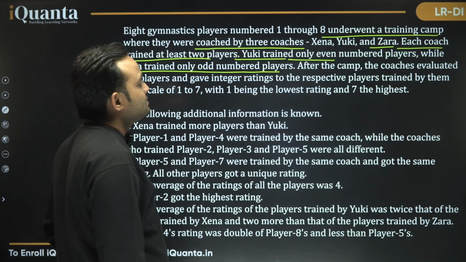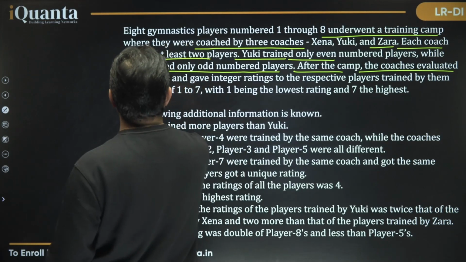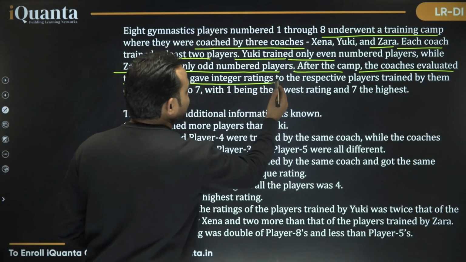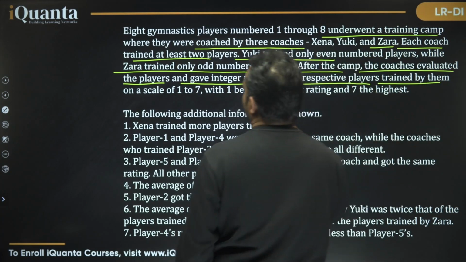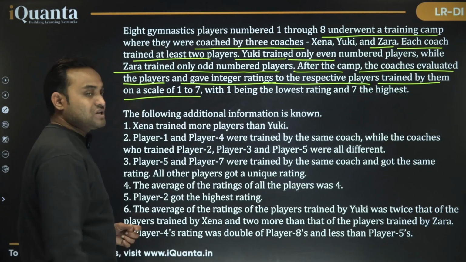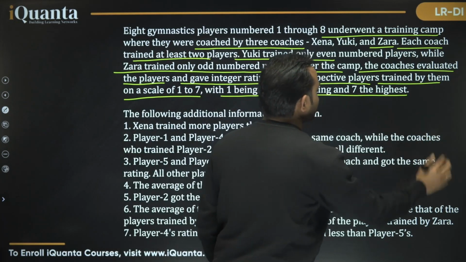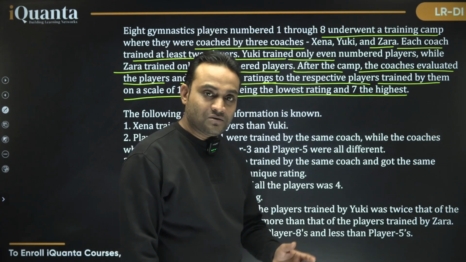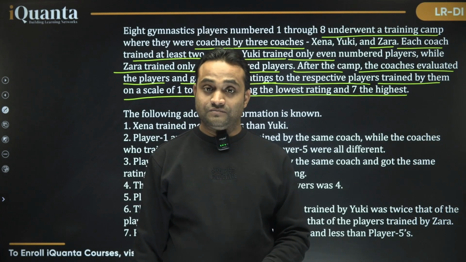After the camp, the coaches evaluated the players and gave integer ratings to the respective players trained by them on a scale of 1 to 7, 1 being the lowest and 7 being the highest. So each of the players who were trained by their coaches were given ratings 1 to 7.